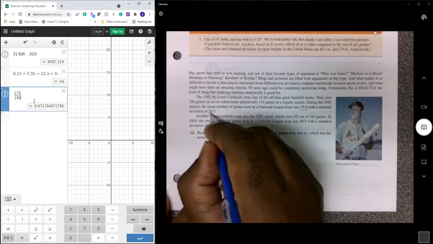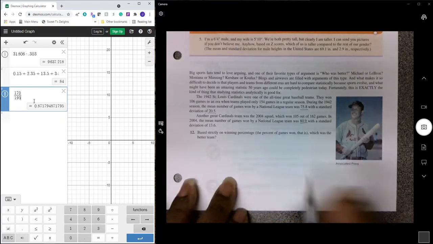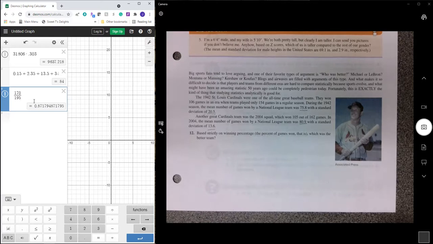Another great Cardinals team was the 2004 squad, which won 105 out of 162 games. In 2004, the mean number of games won by a National League team was 80.9 with a standard deviation of 13.6. Based strictly on winning percentages, the percent of games won, which was the better team?